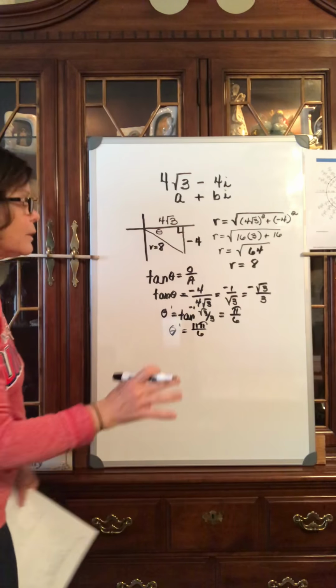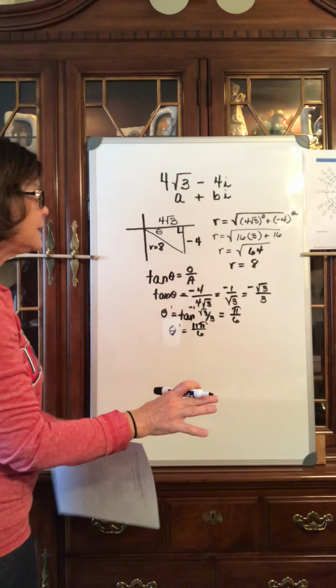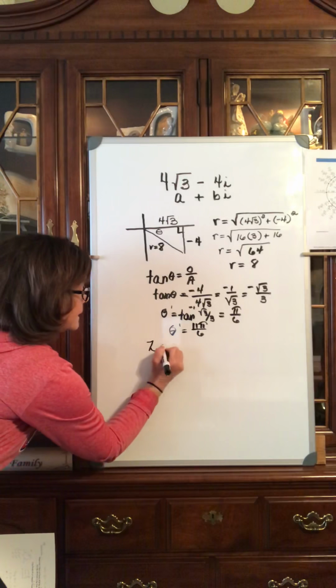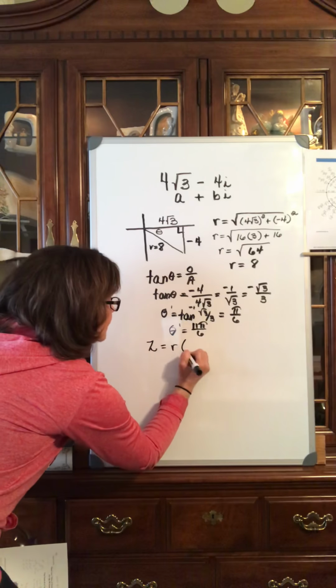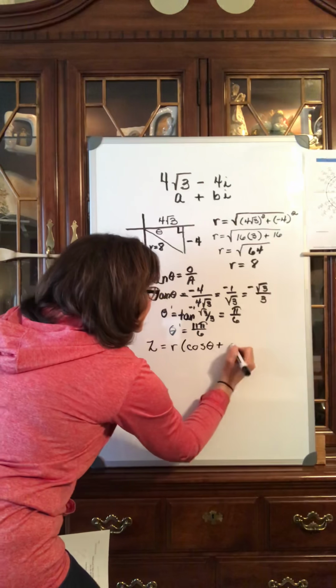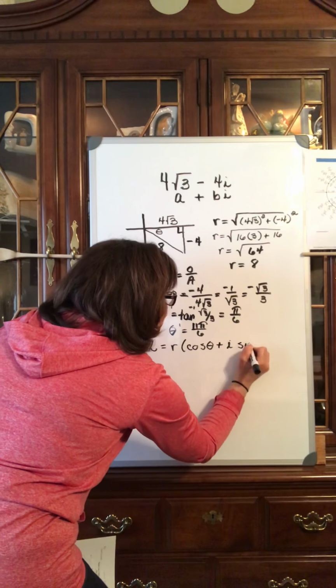All right, so now I've got all the building blocks that I need. So the trig form of my complex number, z, is equal to r times the cosine of theta plus i times the sine of theta.